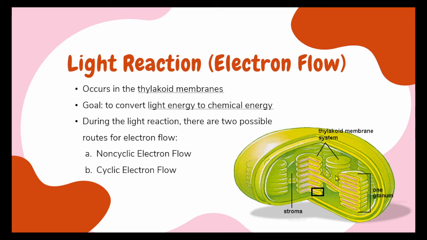They are stacked together, and in these small structures, the light reaction is taking place. The goal here is to convert that light energy to chemical energy, which is a more usable form for plants. And during this reaction, the two possible routes for electron flow are the non-cyclic and the cyclic electron flow.